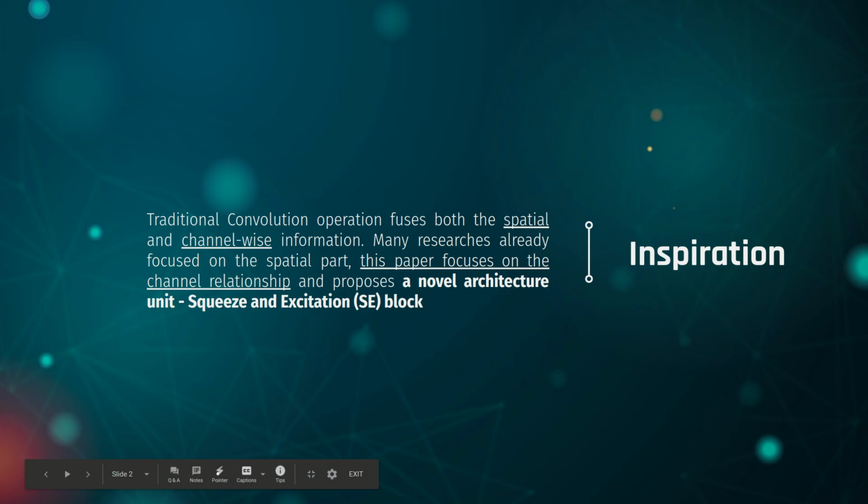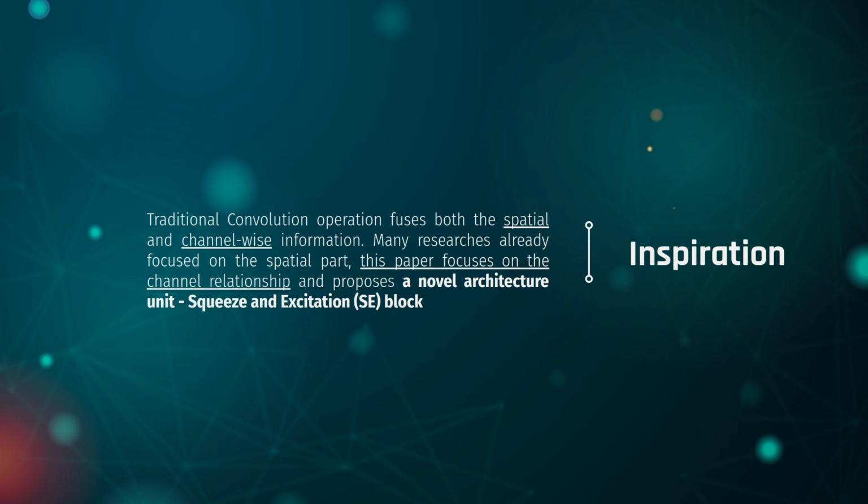The inspiration for this new architecture, the squeeze and excitation block, is that traditional convolutional operations always use both spatial and channel-wise information. If you think about the convolution process itself, it goes through all the spatial information, and at the same time it penetrates through the whole net channel-wise.